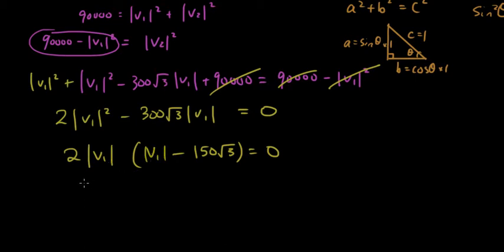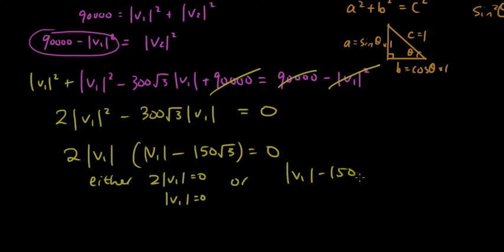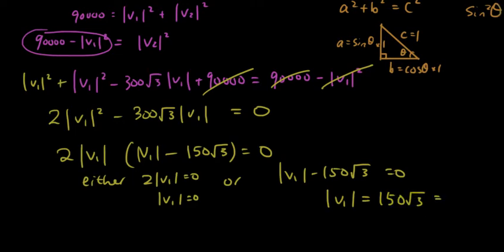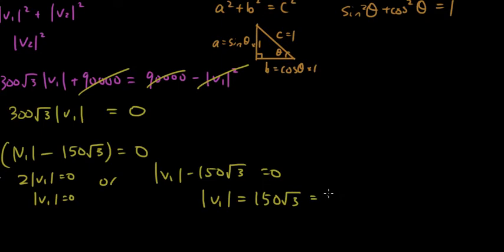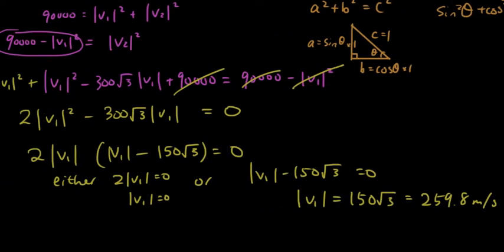And now I have the null factor theorem that says when two terms multiply together to give you 0, then either 2v1 is 0, so v1 is 0, or v1 minus 150 square root of 3 equals 0. So v1 is equal to 150 square root of 3, which is 259.8 meters per second. That's awesome.